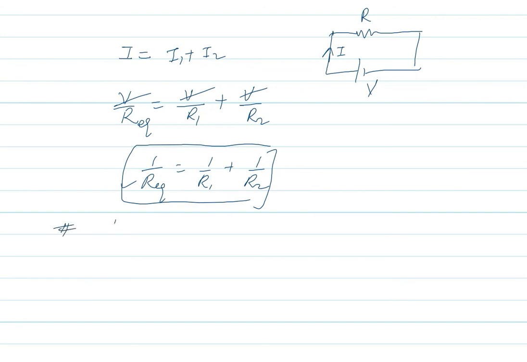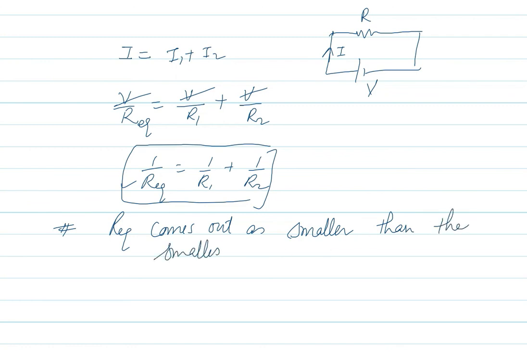And in this case, R equivalent comes out smaller, just opposite to the case of series combination, smaller than the smallest value of the given resistances, right? So in parallel combination, resistance always decreases, and in series combination, resistance increases. So this is the expression.